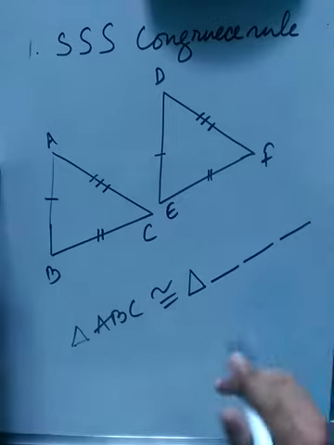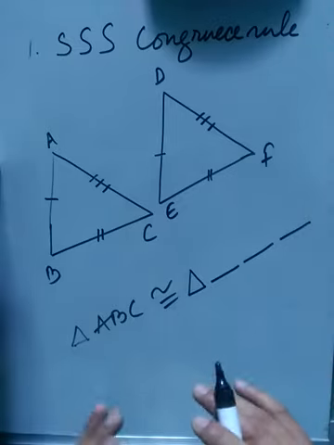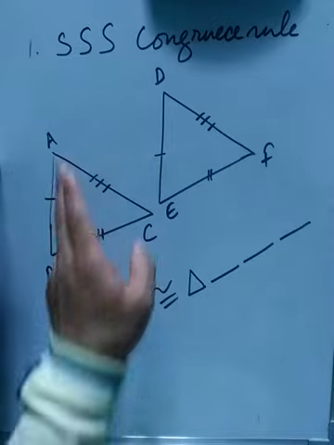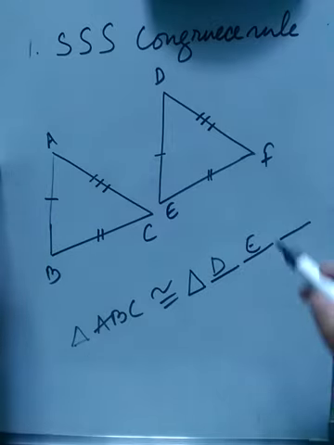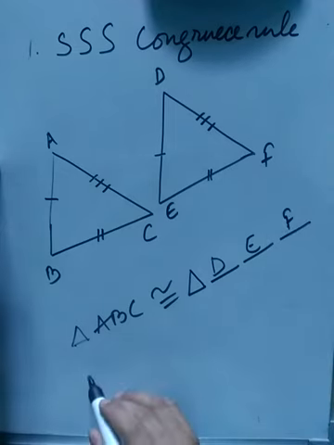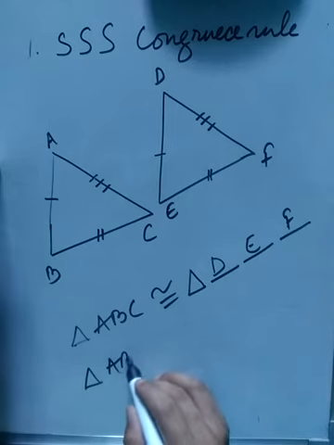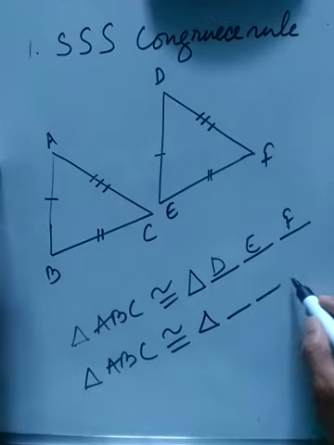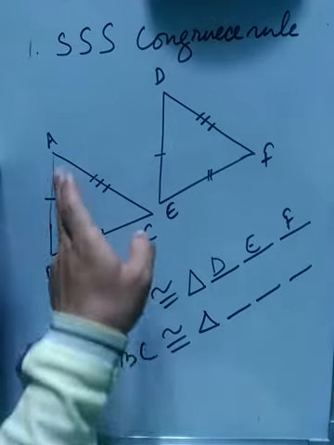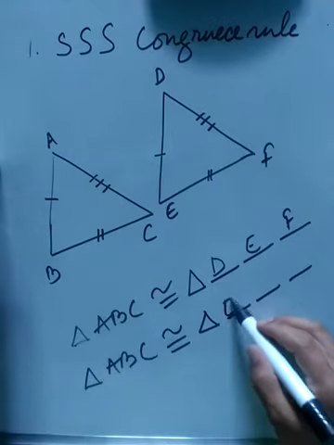I'll show you how to write this. AB is equal to DE, so let me write D here, and the remaining is F. Next, again, ABC congruent to triangle. Here also let me write AB is equal to ED.